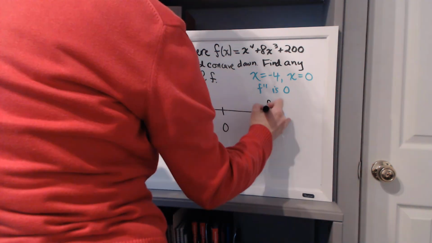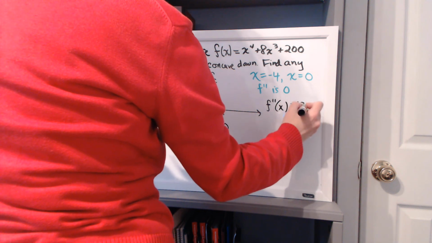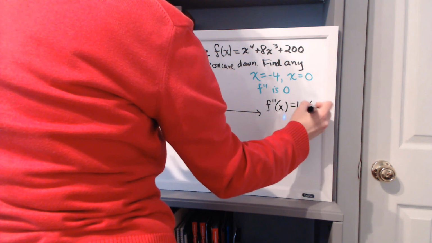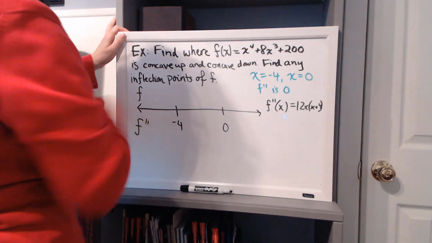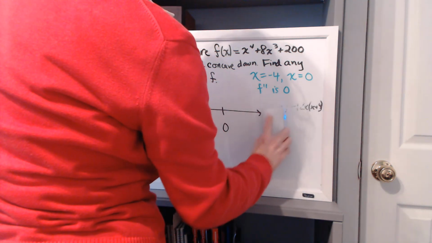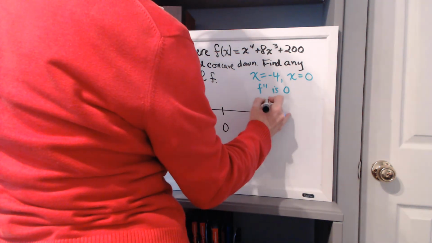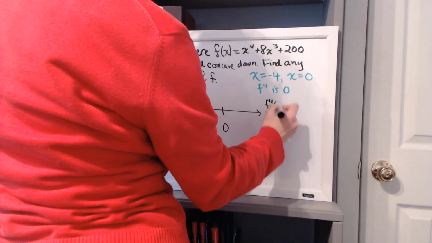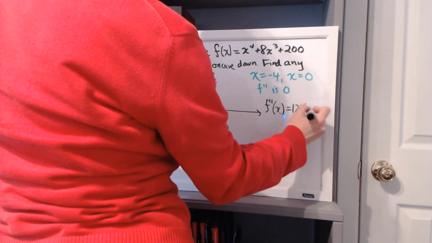And I'm going to write our second derivative down again in its factored form because that is very convenient for figuring out whether the second derivative is positive or negative. So we have f double prime of x is 12x times the quantity x plus 4.